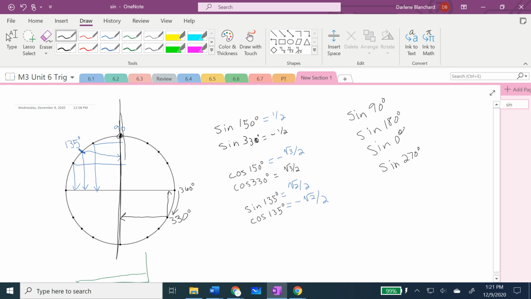So if I'm right here at 90 degrees, the y coordinate is what number? What is the sine of 90? Somebody answer so that I know I'm not alone. What is the sine of 90 degrees?